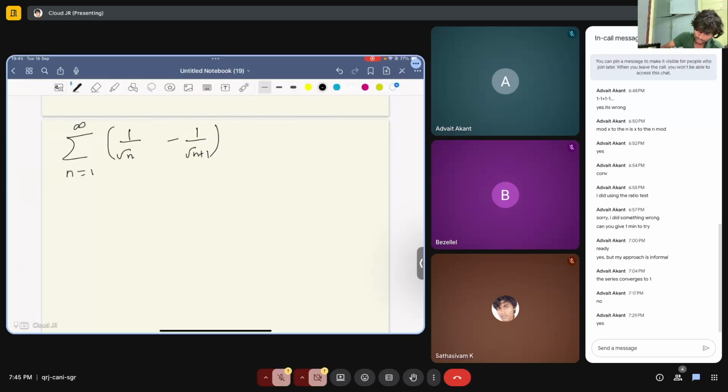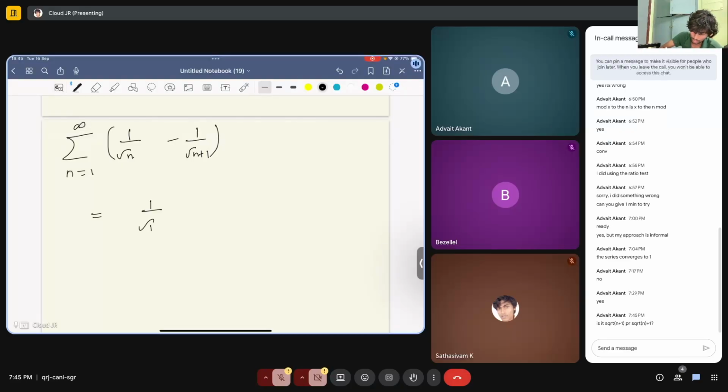So if you write it, this is 1 by root n, right? So maybe we'll write here 1 by root n, and this is 1 by square root of n plus 1.